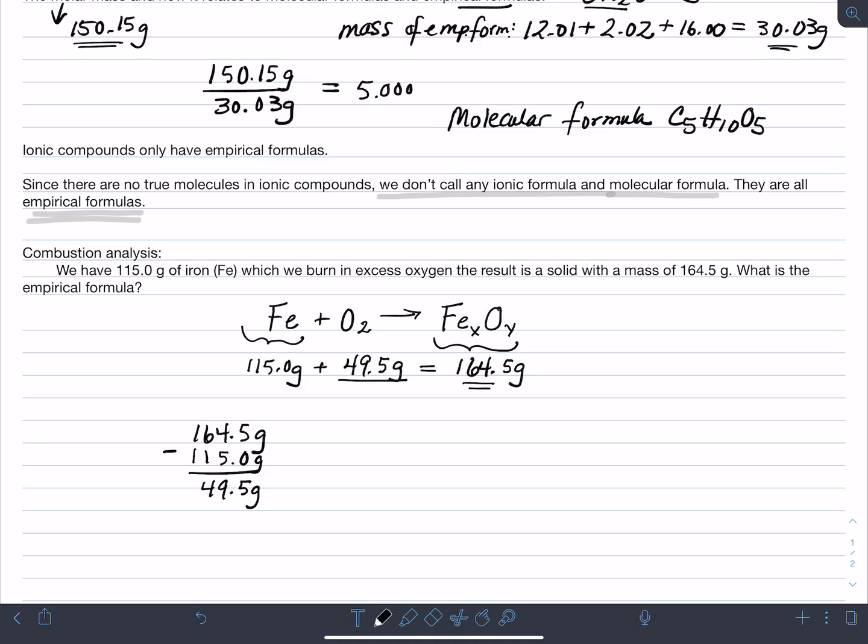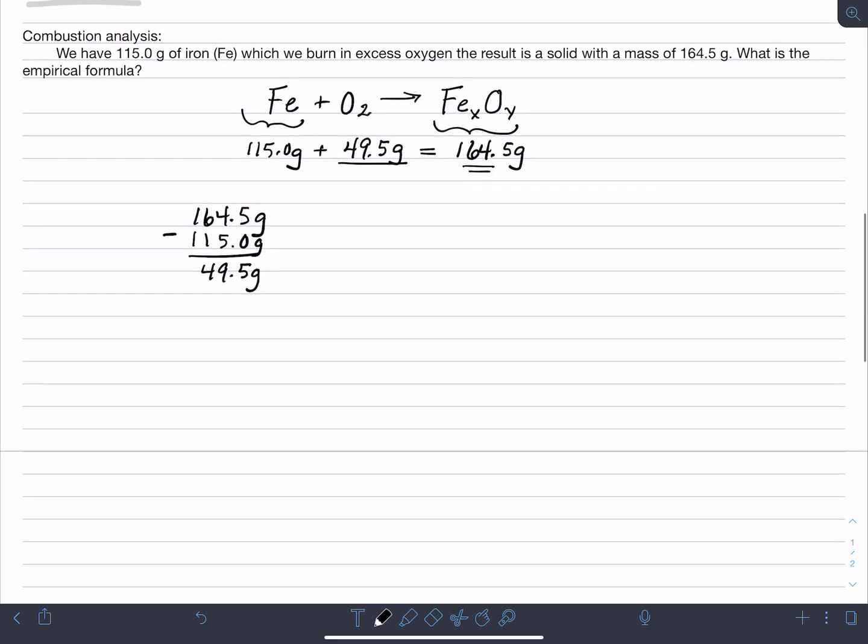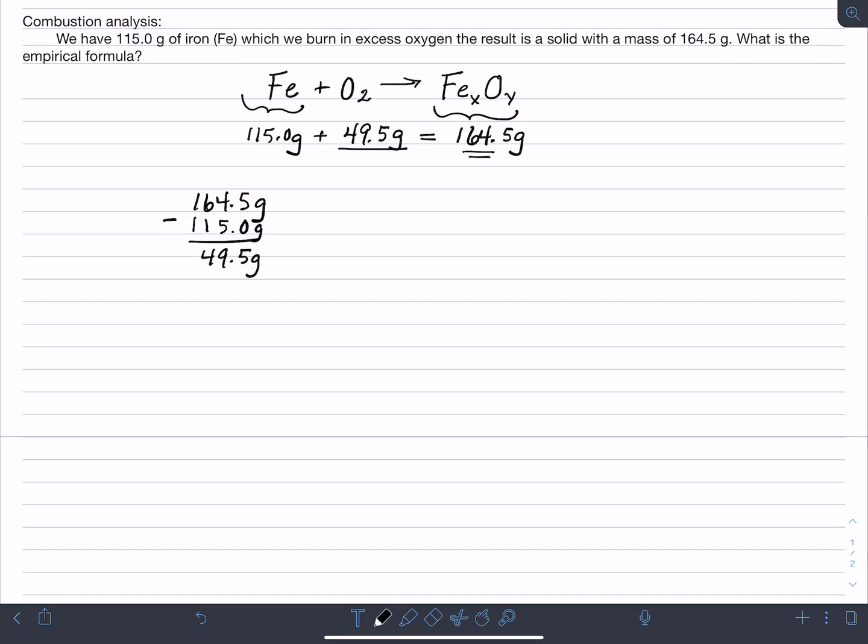However, I can't compare substances using grams, can I? So I'm going to go ahead and erase this real quick just to get it out of there. Okay, and now we are going to take these amounts that we have in grams and turn them into moles.